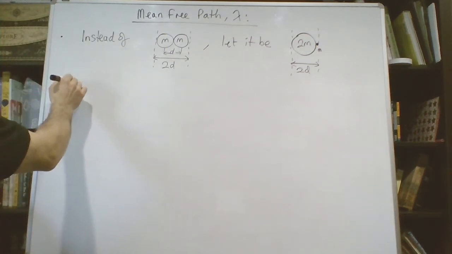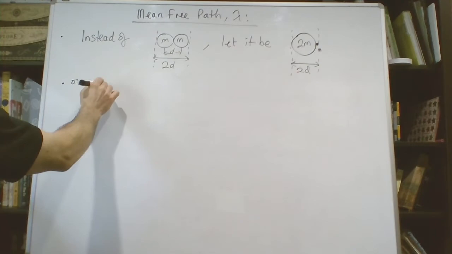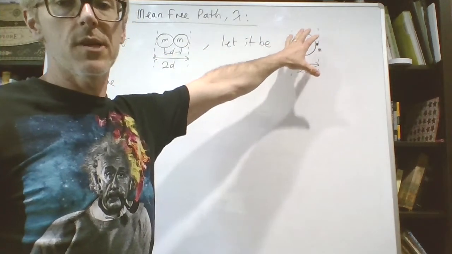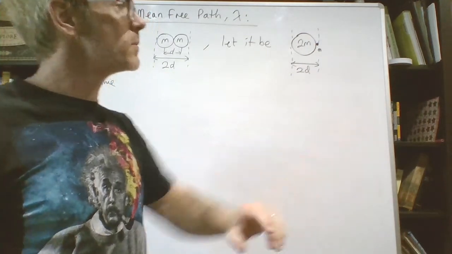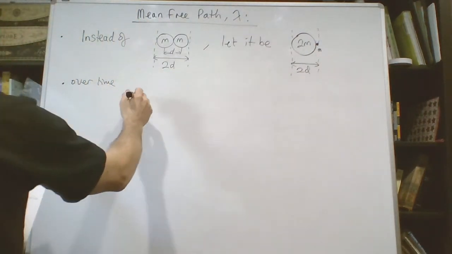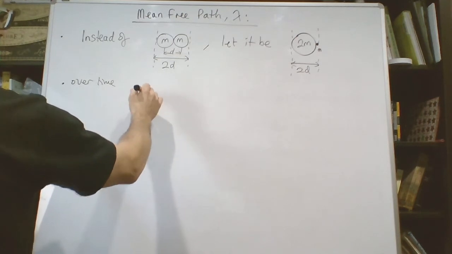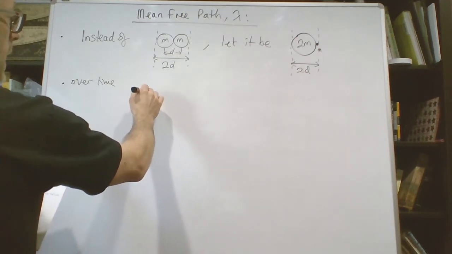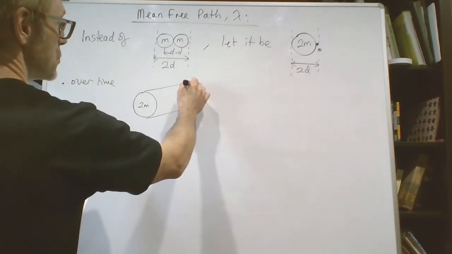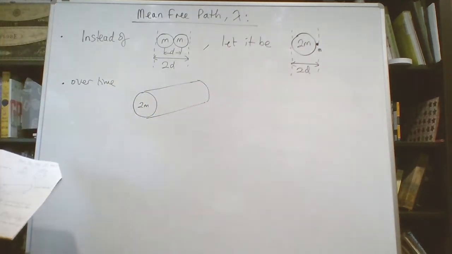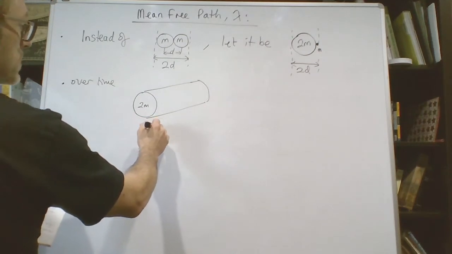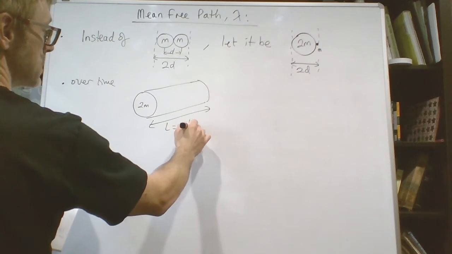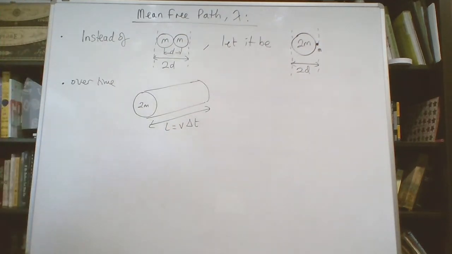So over time, imagine that this large object carves out a tube. So let's say we take our big twice m, and over time it carves out a tube or a cylinder when it travels a length L, where L is its velocity multiplied by the time traveled.